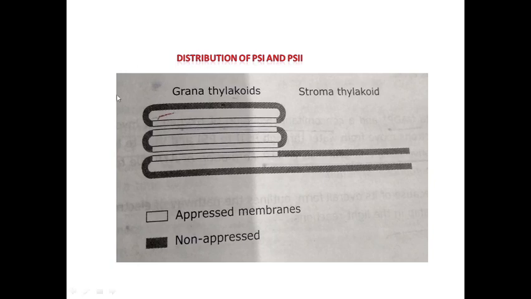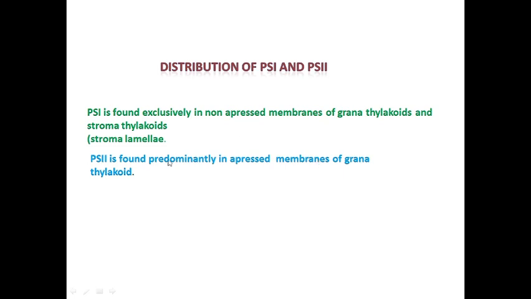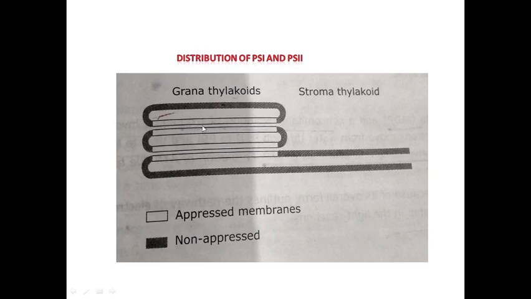Here you can see the non-appressed membranes; it occurs in these dark regions, the non-appressed parts of these grana thylakoids and stroma thylakoids. Coming to pigment system second, it is predominantly found in the appressed regions of grana thylakoids. Appressed regions are present only in grana thylakoids. So here is pigment system second. I hope I am clear.